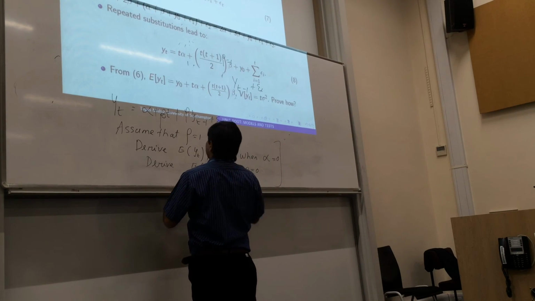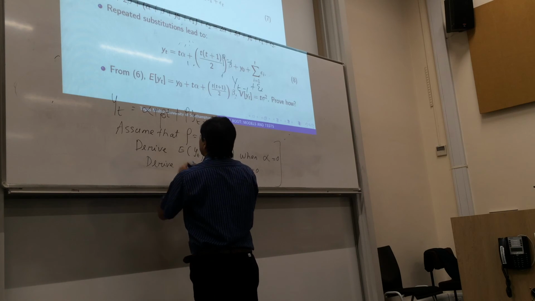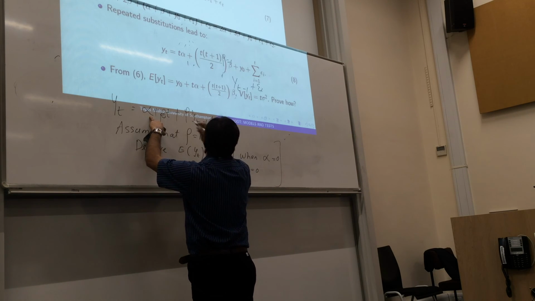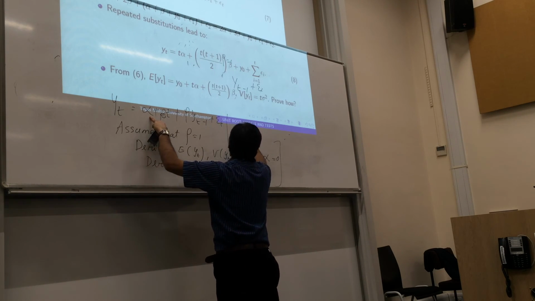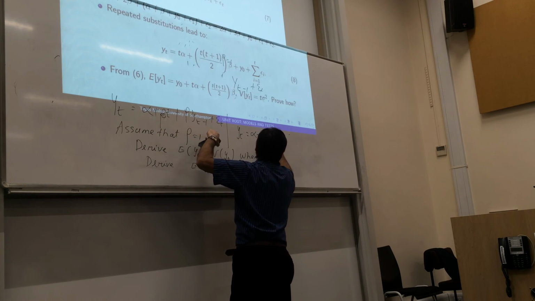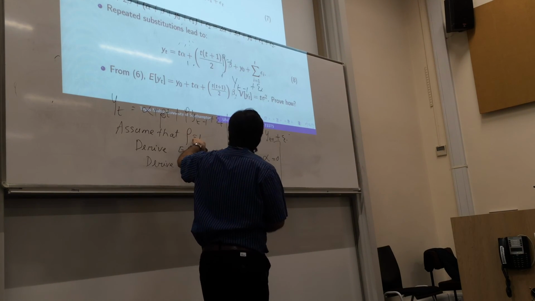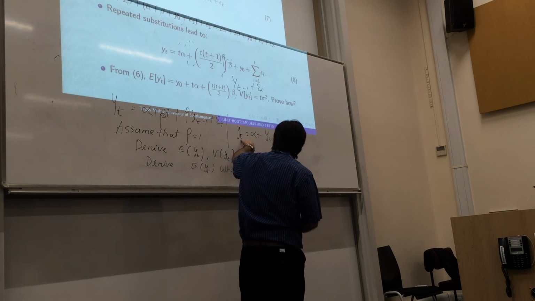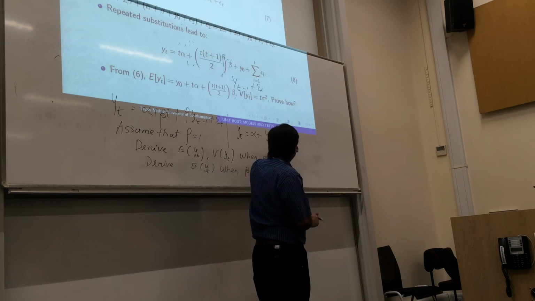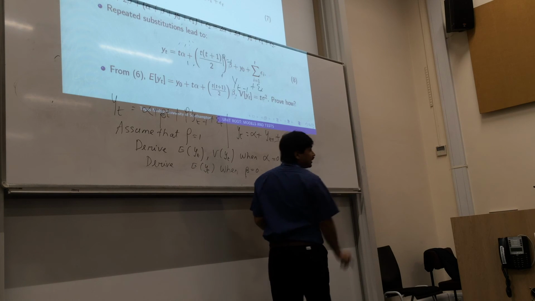Let's talk about this model now. Derive the expectation of yt when beta equal to 0. So when beta equal to 0, how do I write the model? yt should be equal to alpha plus yt minus 1 plus epsilon, as I am already assuming rho equal to 1. So your model is yt equal to alpha plus yt minus 1 plus epsilon. Then just try to find the expectation of yt in this case.